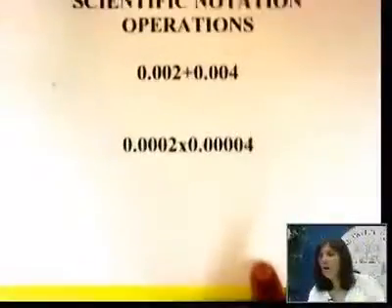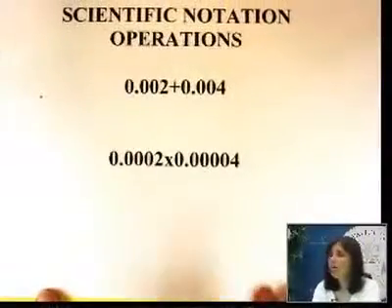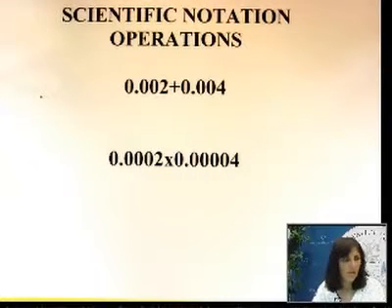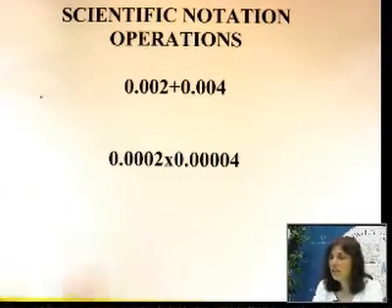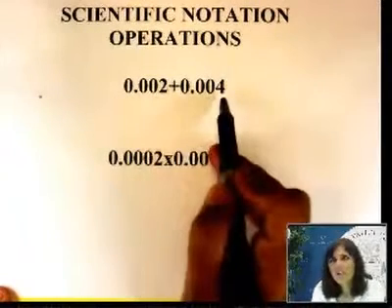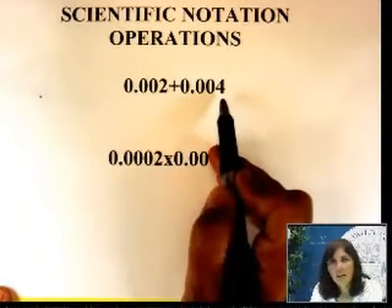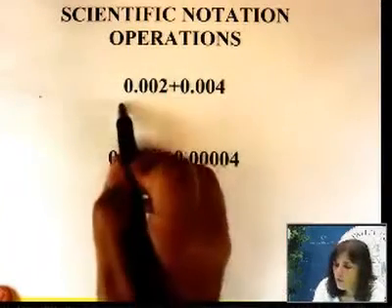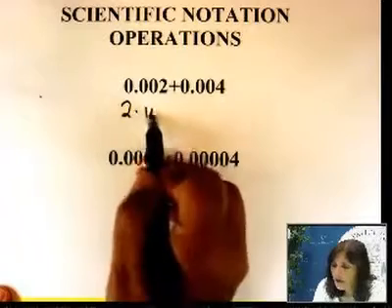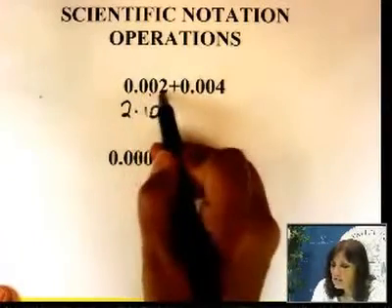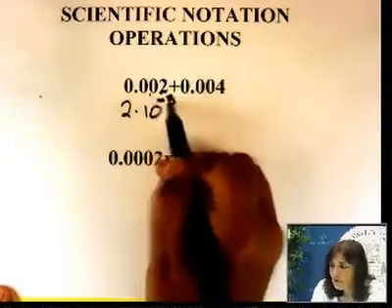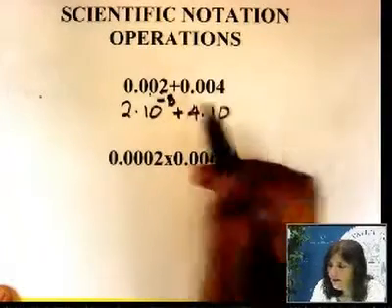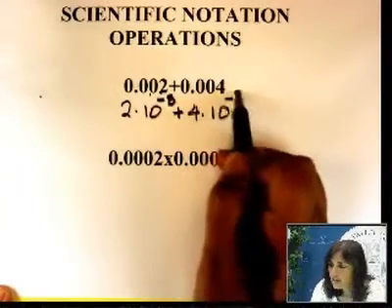Now, what happens when I want to do very small numbers and do this? Sometimes it will be too difficult. So maybe what you can do is actually write these in scientific notation and see if it helps you. Okay? You can go 2 times 10 to the, so this one is 1, 2, 3, so that's negative 3, plus this one is 4 times 10 to the 1, 2, 3, that's negative 3.